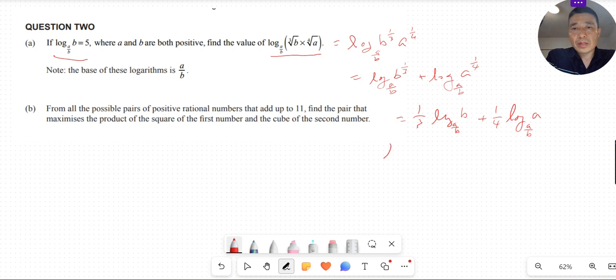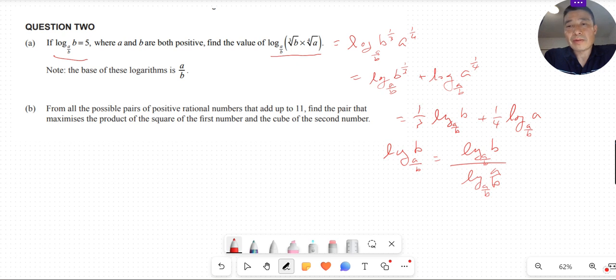So log b to the base of a over b, I can say that is log b over log a over b, and I can write any matching base. Okay, so I can say log b to the base of a over b over log a over b to the base of a over b, so yeah, that's just like a 1, isn't it?